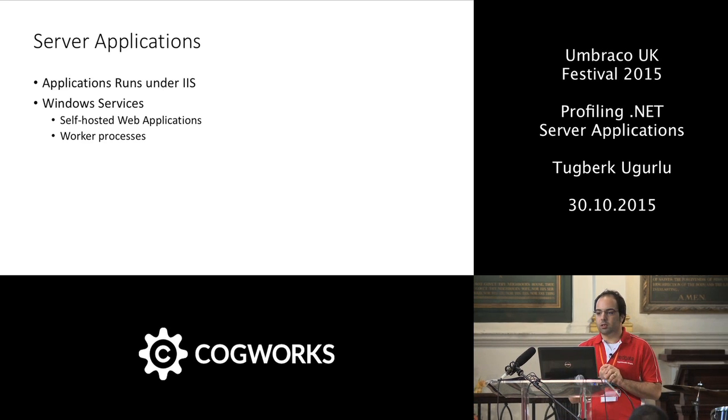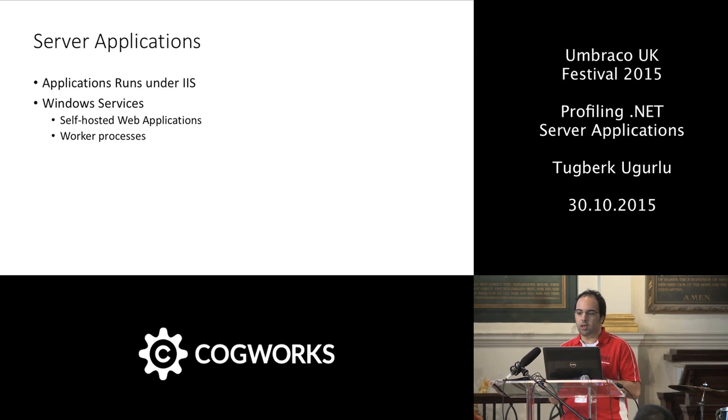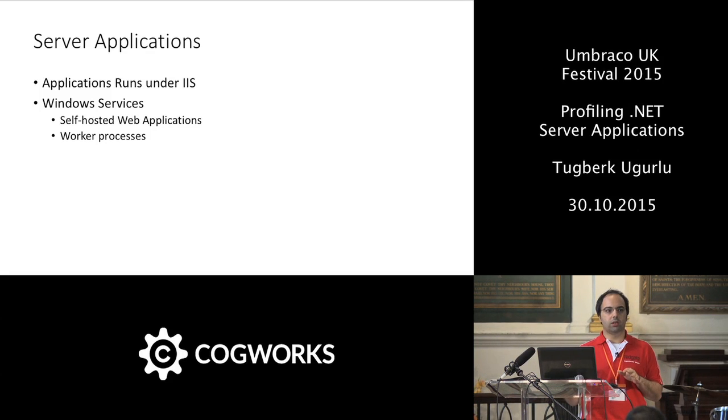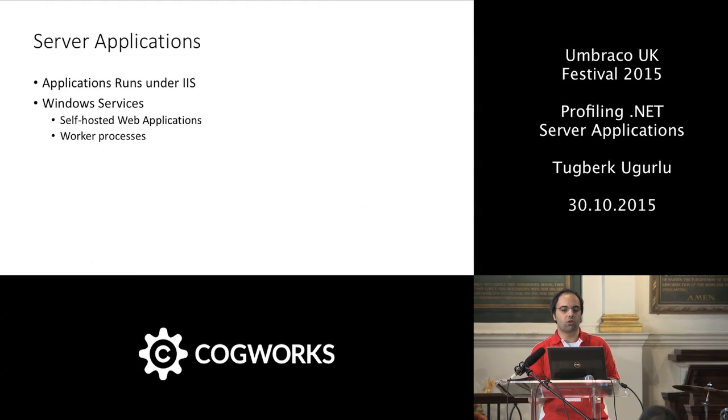So let me first explain what I am actually referring to by telling you a server application. You might think that a server application is a web application. So that's mainly the case. Your application, which is exposed through HTTP, is what most people call server applications. But actually, they are not the only server applications out there.